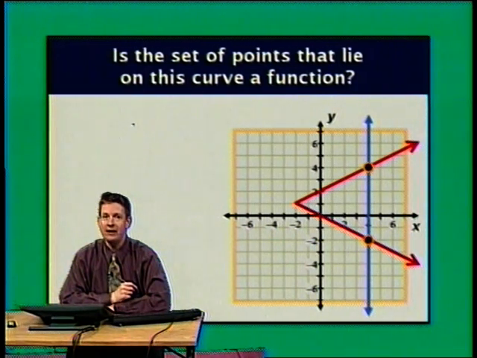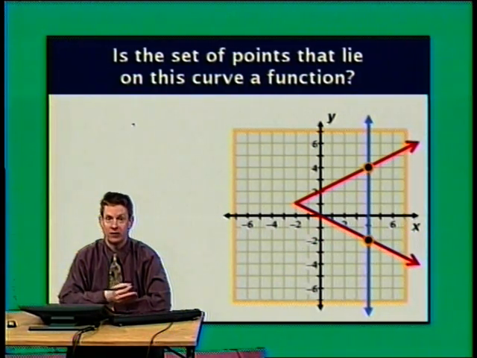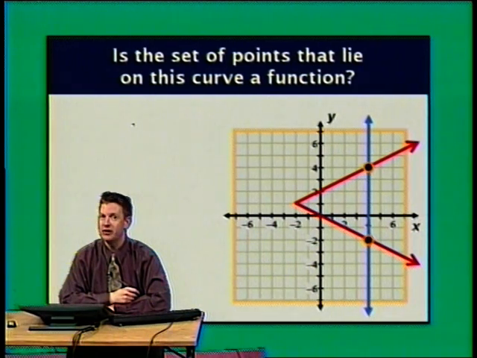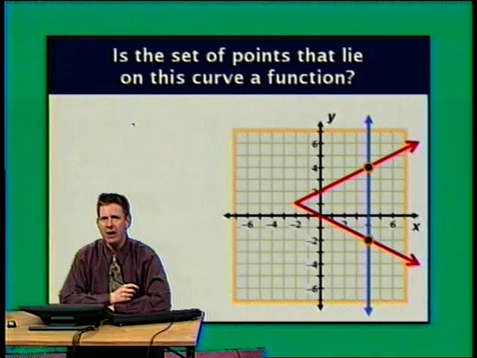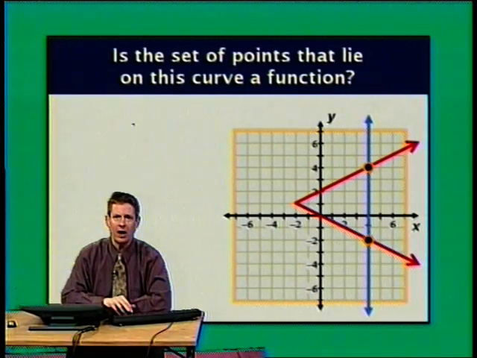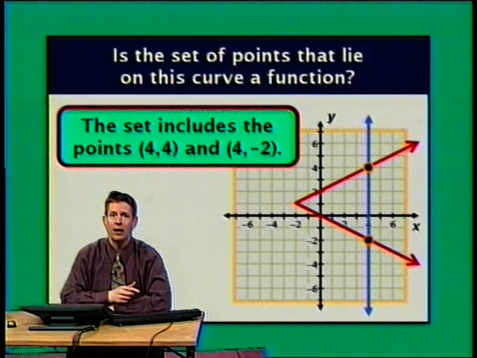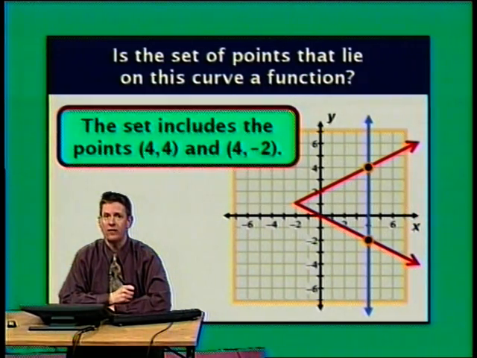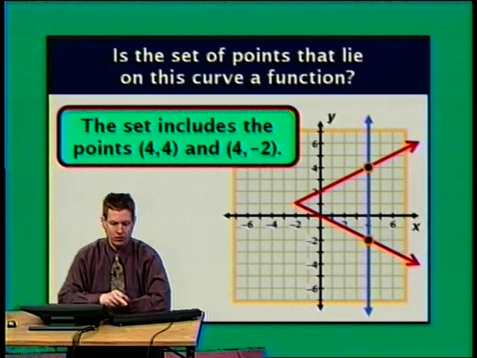The vertical line test says that a curve represents a function if and only if no vertical line intersects the curve in 2 points. Here's a vertical line intersecting the curve in 2 points, so this must not be a function. What's going haywire in function land in terms of this curve? Well, this vertical line is showing us that the set of points on the curve includes both the points (4, 4) and (4, -2).